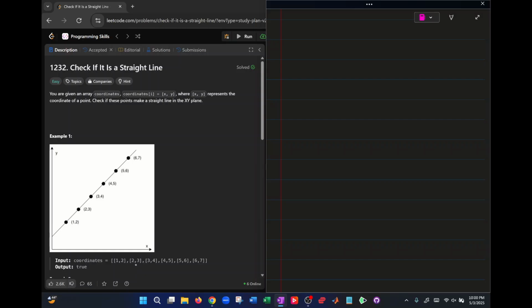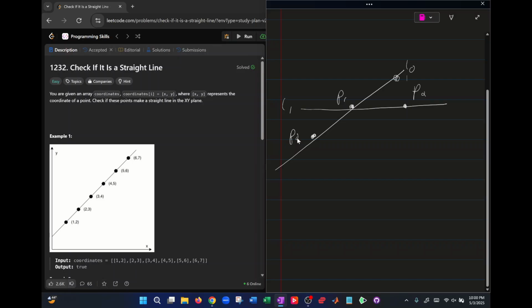So we could imagine a strategy where if we have 3 points, I'll call them P0, P1, and P2, then we can define two lines, L0 and L1. I'm doing indexing starting at 0. Line L0 goes between points P0 and P1, and line L1 goes between points P1 and P2.